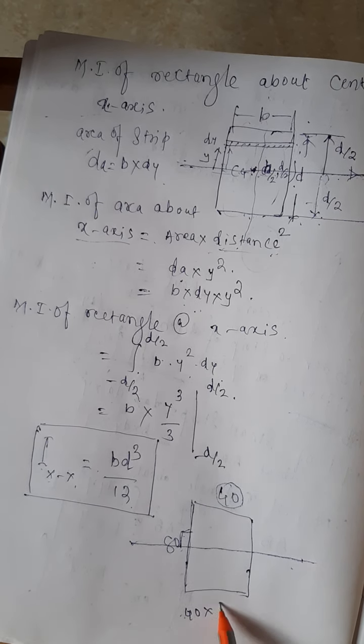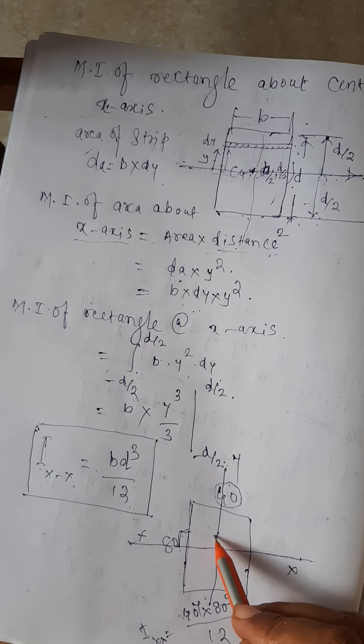Like that, if he asks you to get the moment of inertia about the YY line, B and D will create confusion for you. The best idea is, while writing, write it as BD cube by 12 but don't decide which is B and which is D. From the figure only you decide. If you want it about YY, see which dimension is parallel to YY and which is perpendicular.